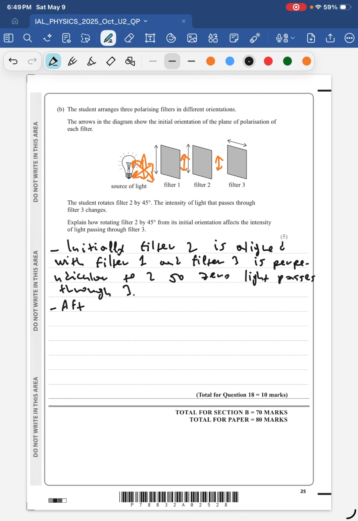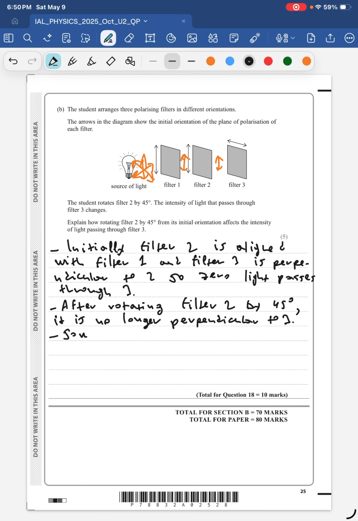But after rotating filter 2 by 45 degrees, it is no longer aligned with 1. So it is no longer, let's write perpendicular to 3 actually, perpendicular to 3, and of course not aligned with 1.